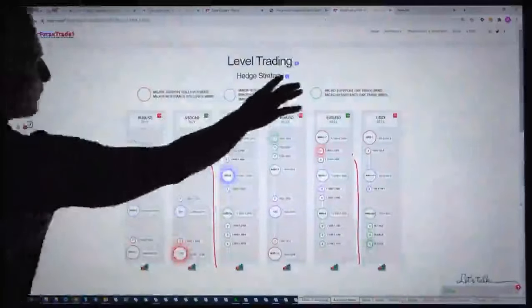Here also we have explained hedging, because the hedging strategy is used with level trading. What you see is the 20 in 1 indicator and the supply and demand indicator. This complete hedging strategy is explained using our level trading, and lot size, risk, reward, everything is explained here, and you will find the link for the same below in the description.